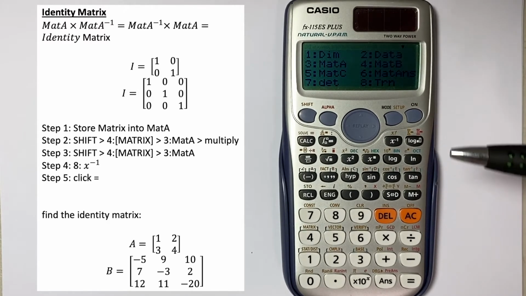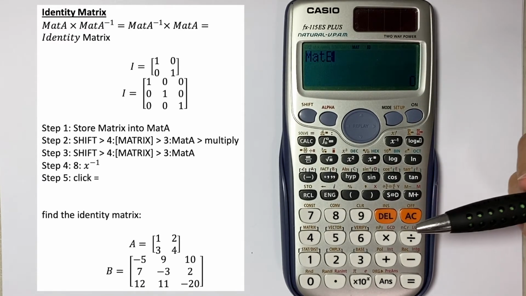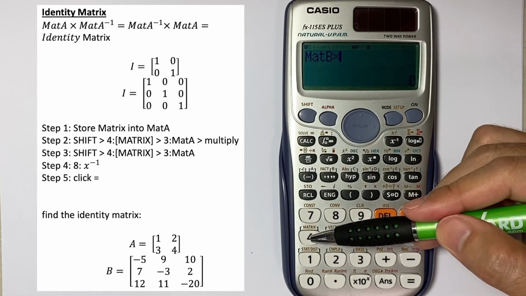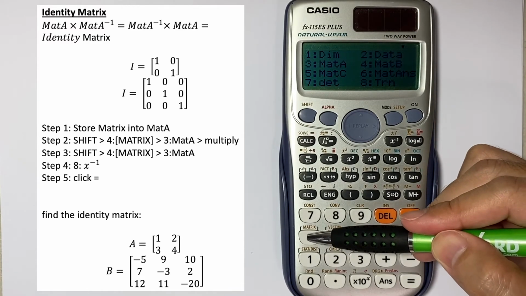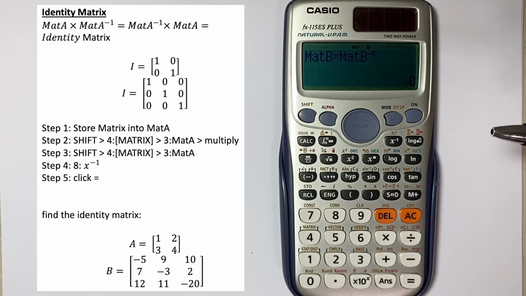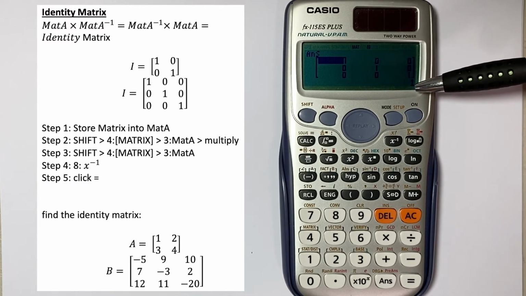So the identity matrix for the 3 times 3 matrix is actually the matrix B multiplied by the inverse of the matrix B. So select number 4, matrix B, multiply, Shift Matrix, and select matrix B one more time, and then inverse, which is this power minus 1, and then click equal. Here we go, you see a diagonal in the center right here.